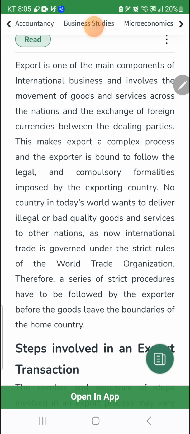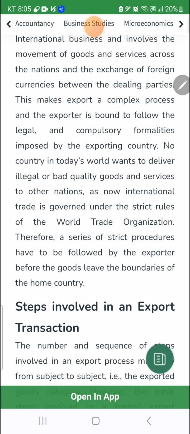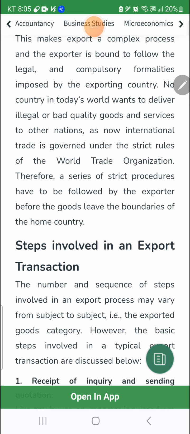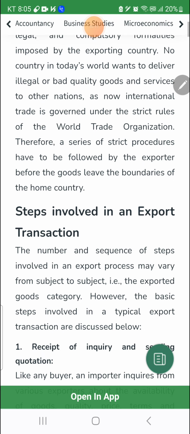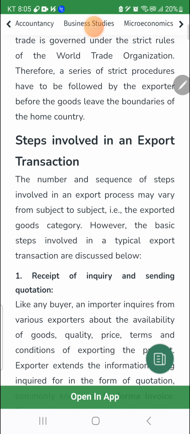No country in today's world wants to deliver illegal or bad quality goods and services to other nations, as international trade is now governed under the strict rules of the World Trade Organization. Therefore, a series of strict procedures have to be followed by the exporter before the goods leave the boundaries of the home country.